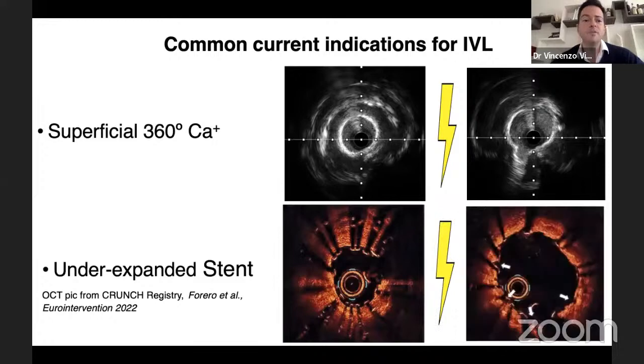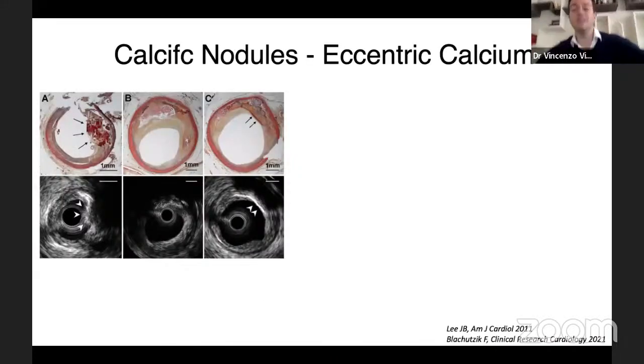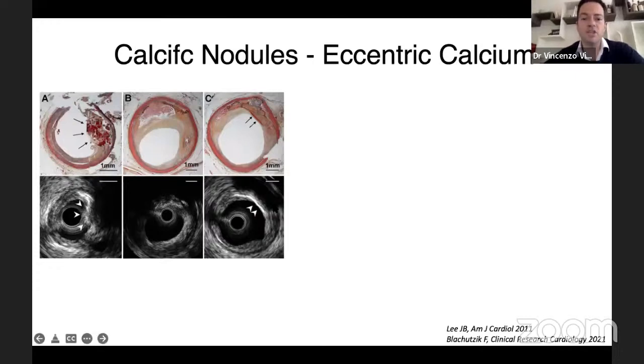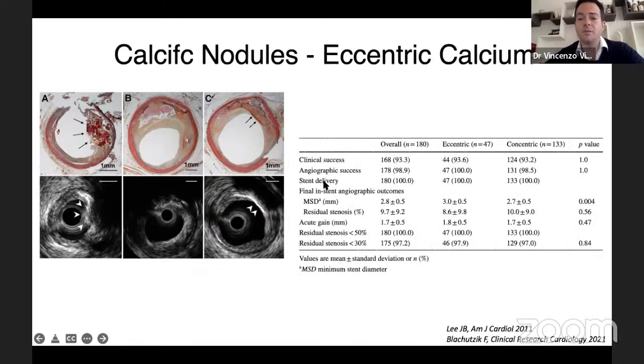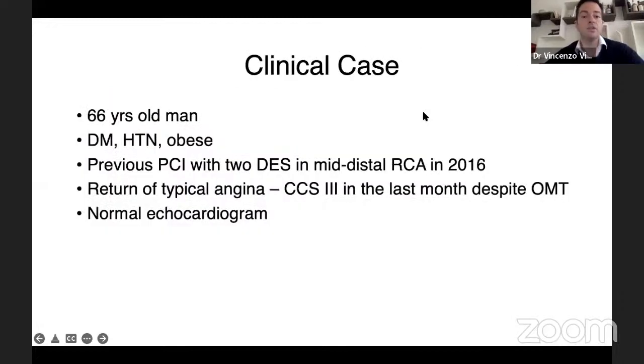But when it comes to calcified nodules or eccentric calcium, the debate is still on, especially when we do not have a circumferential calcium. Although there are some data coming from Disrupt CAD, where apparently IVL is as effective in eccentric and concentric calcium. So I hope that this case I'm going to show you will generate a debate about that.